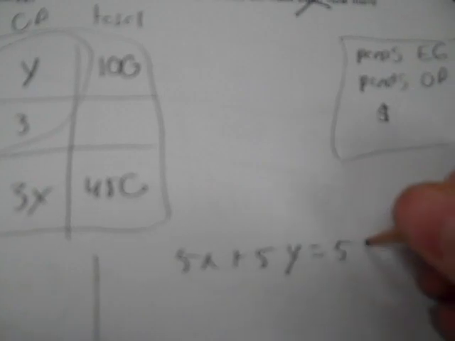So it's 5X plus 5Y equals 500. And 5X plus 3Y equals 450. Okay, these all go negative. And I add. So that's 2Y. And that's 50. Divide by 2. And you get 25. So the Y is for the orange Pekoe, so 25 pounds of that.